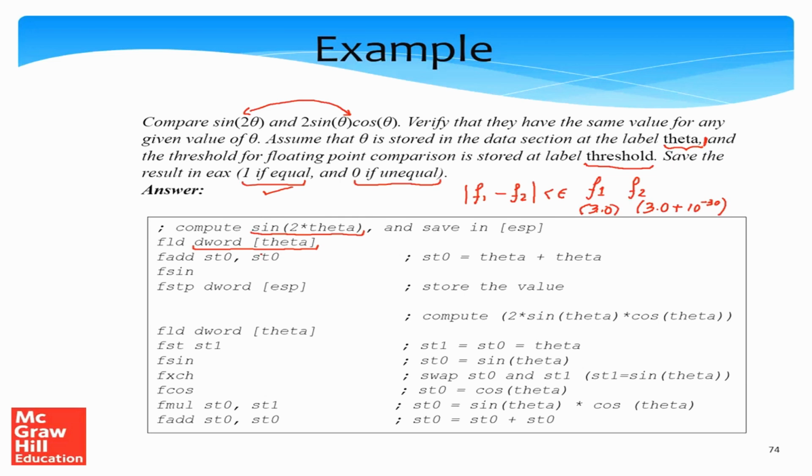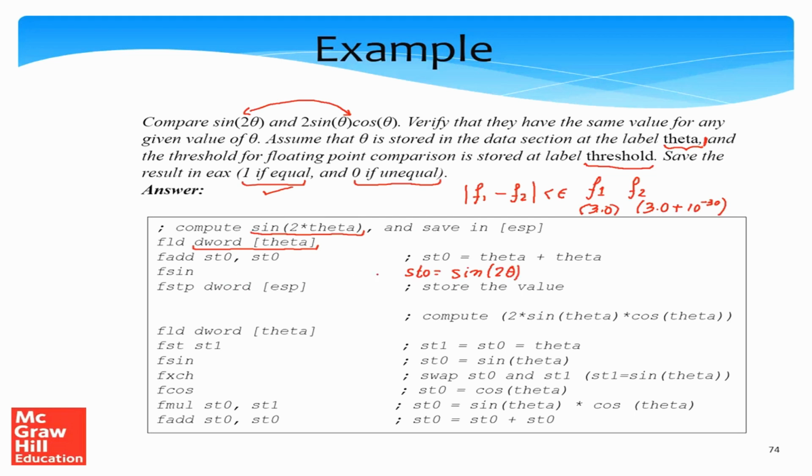So we load the contents onto the stack top, which is ST0, and then we add ST0 with ST0, essentially computing 2 theta. Then we compute the sine of this. So at this point ST0 is equal to sine of 2 theta.